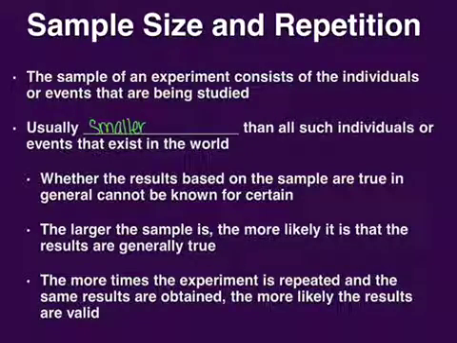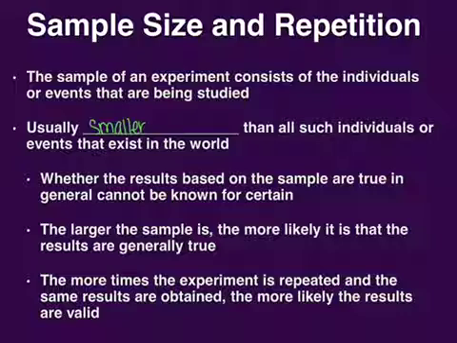So maybe I'm doing research with the school, and I only choose to sample or run the experiment with the 10th grade, whereas if I used 7th, 8th, 9th, 10th, 11th, and 12th grade, I would have a larger sample size.